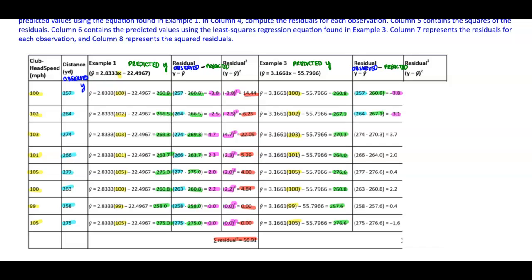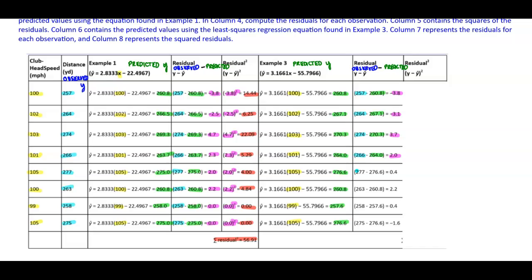Next, we're taking the observed y value of 274, subtract the predicted value of equation 3 of 270.3 to give us a residual of 3.7. Again, we're taking the observed y value of 266, subtracting the predicted value of equation 3 of 264 to give us a residual of 2.0.